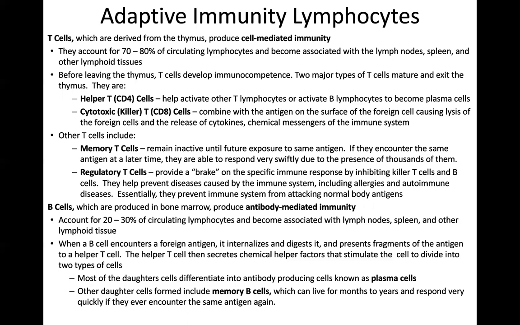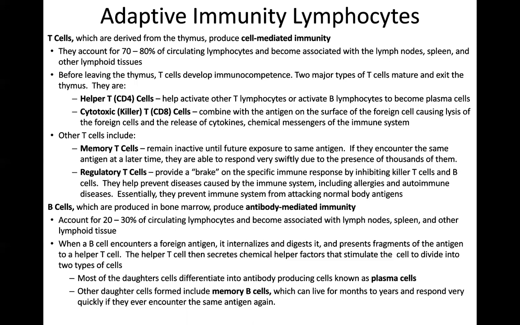They also go by the terms CD4 cells and CD8 cells, and the CD4, CD8 just refers to the type of proteins in their plasma membranes, so the type of receptors that they have. The helper T's, they help. Pretty common sense as to why I would call them that.